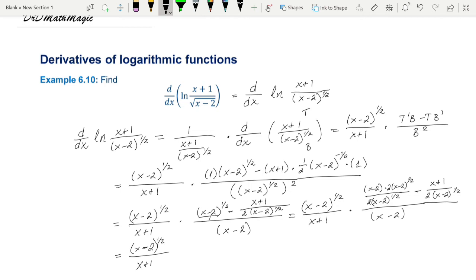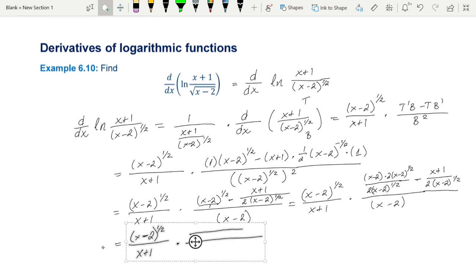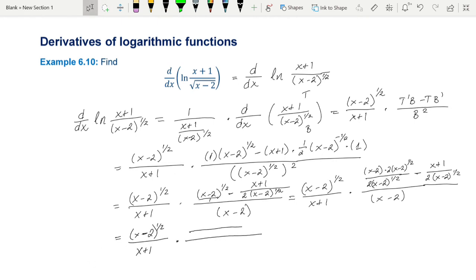Let's copy x minus 2 to the power of 1 half, and then x plus 1 times. So in the denominator, we are going to have 2 times x minus 2 to the power of 1 half.